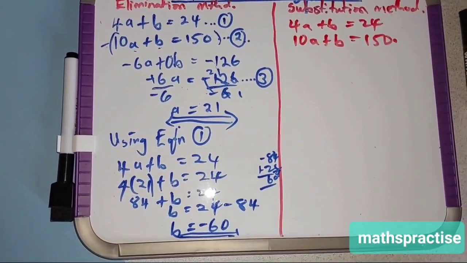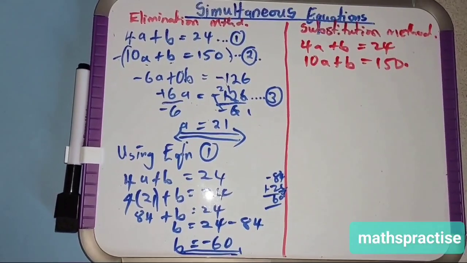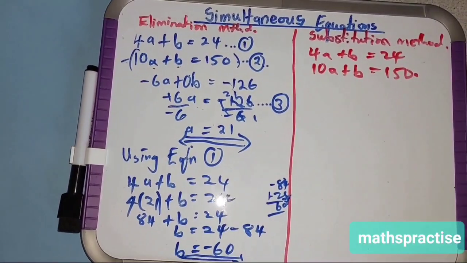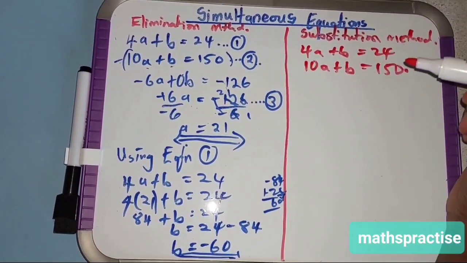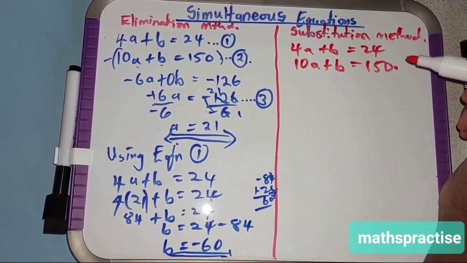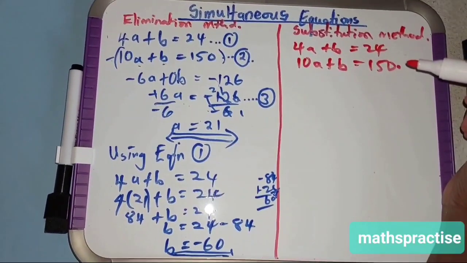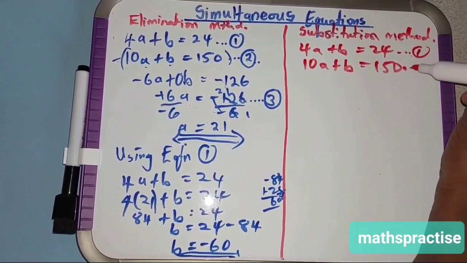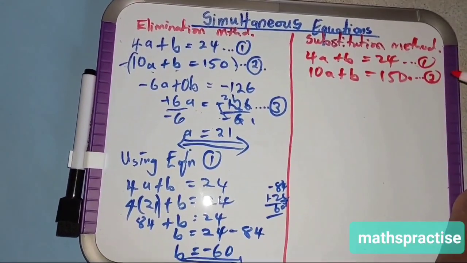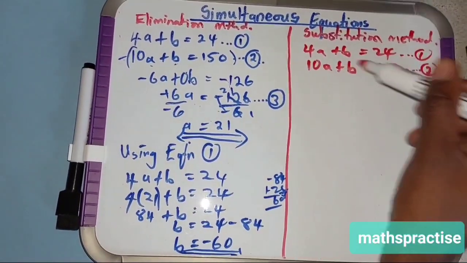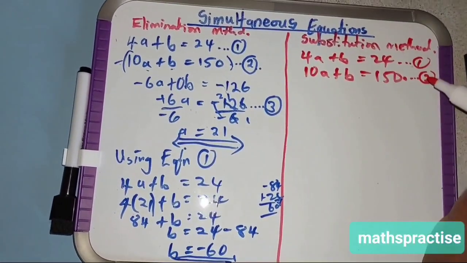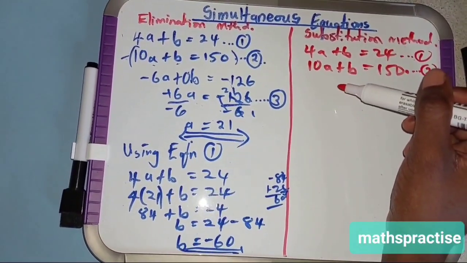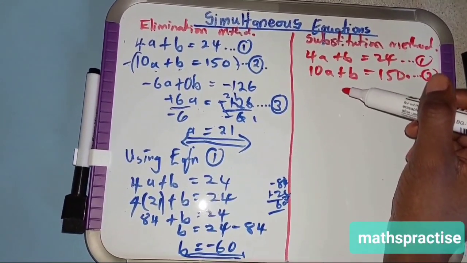Now let's look into the substitution method. What differentiates it from the elimination method is that you have two equations, equation 1 and equation 2. You take any one of the two equations and make one of the unknowns the subject of the formula.